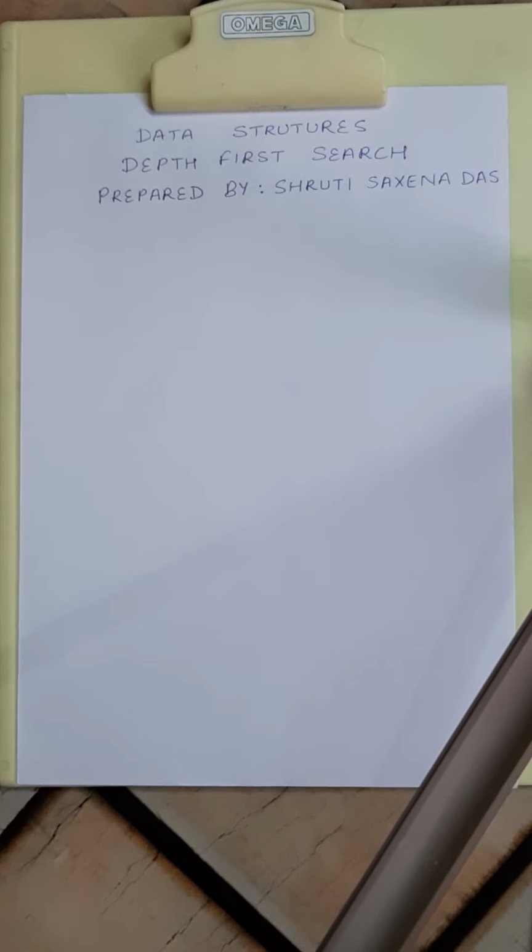In breadth first search we were using queues, and in that we were accessing nodes in breadth wise fashion. In depth first search, we are going to use a stack, and we are going to traverse the nodes in depthward motion.